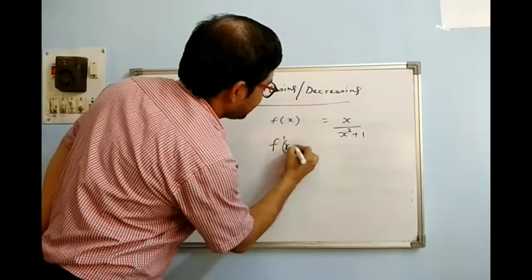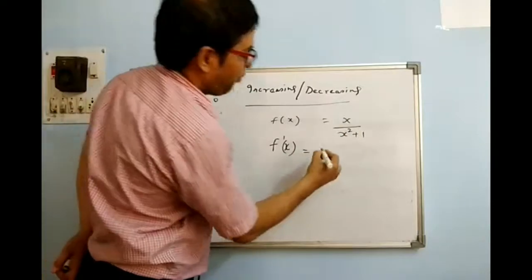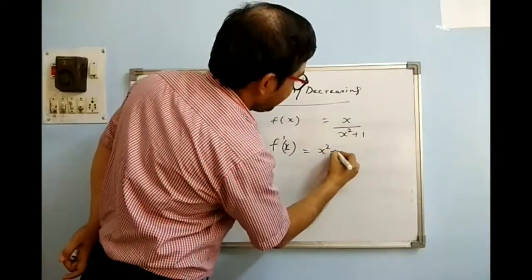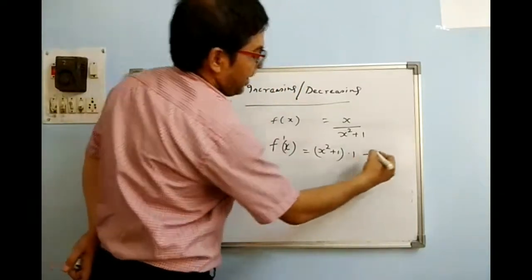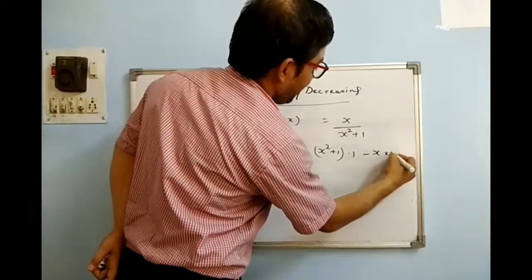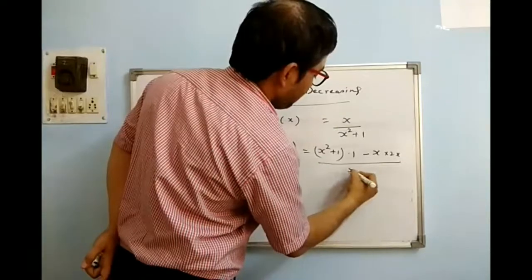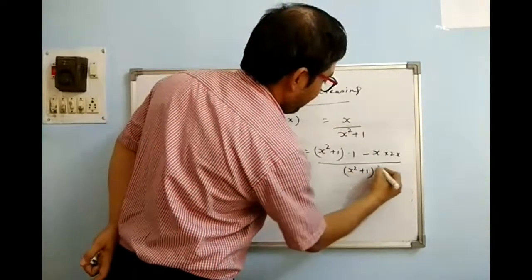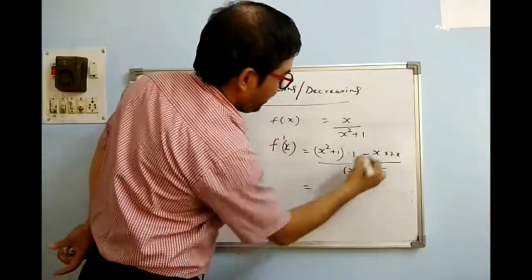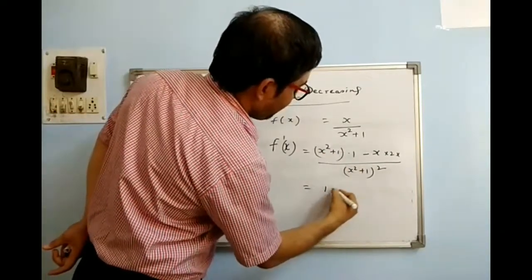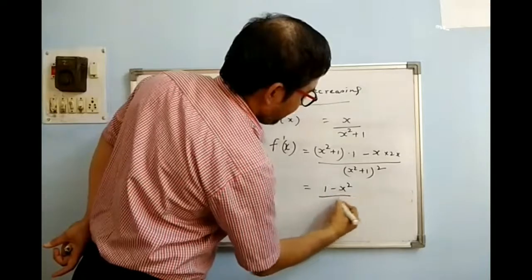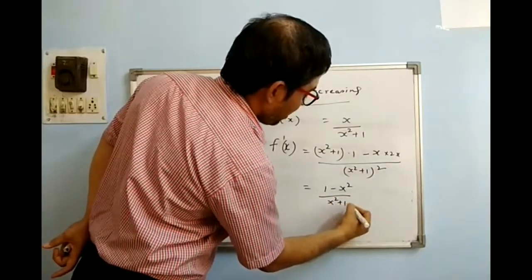So f dash x is coming out to be, it is in the form of u by v, v as it is, differentiation of u is 1, minus x as it is, differentiation of v is 2x, by x square plus 1 whole square. On solving, this is 1 minus x square by x square plus 1 whole square.